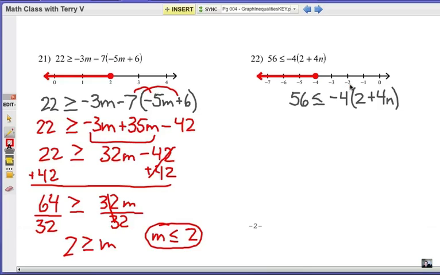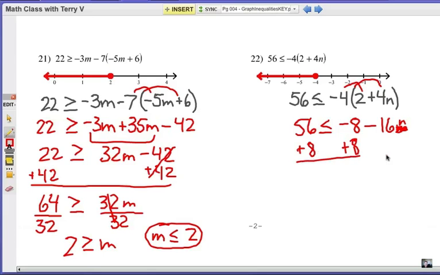Number 22 here for this challenge set, again, distributive property. So 56 less than or equal to negative 8 minus 16n. Okay, whoops, sorry, that's an n right there. And notice how it's negative 4 times positive 4, so you got a negative 16 right there. All right, I'm going to add 8 to each side.